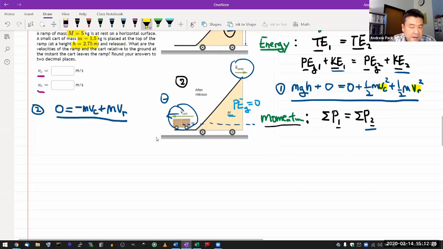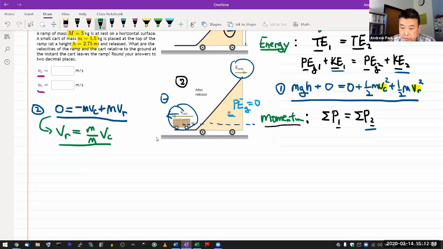I want to get rid of the speed of the ramp, so let me solve this for the speed of the ramp. Solving it for VR, I'm imagining moving this over, so I have small m over big M times VC. I think that's correctly solved for. Make sure to check it.